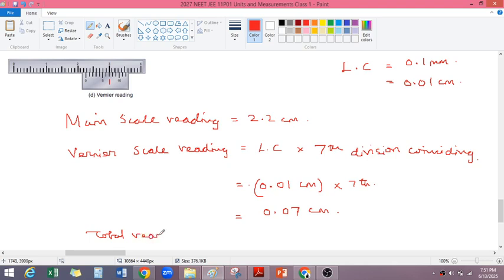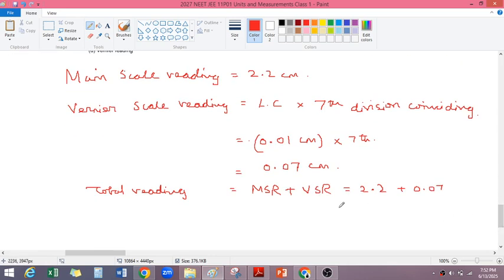It means the total reading or measurement is equal to MSR plus VSR. MSR is 2.2 plus VSR is 0.07. So this will become 2.27 centimeter.